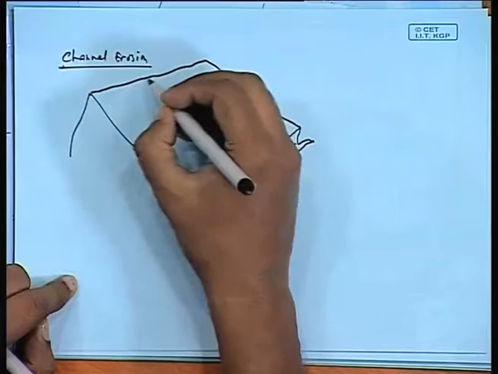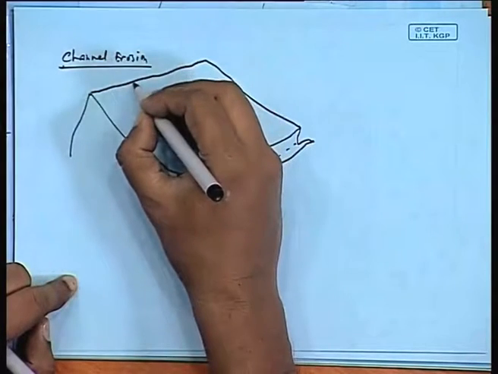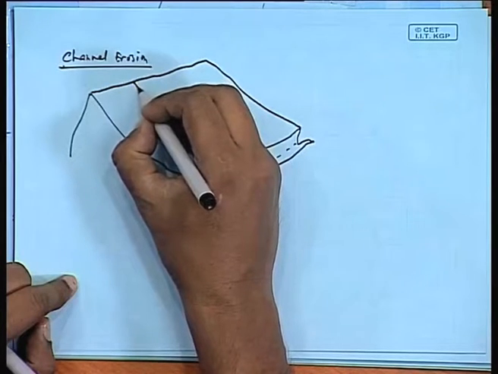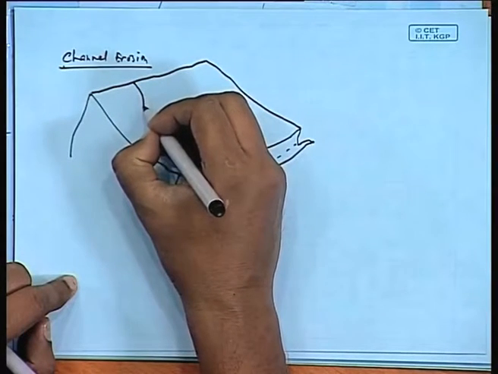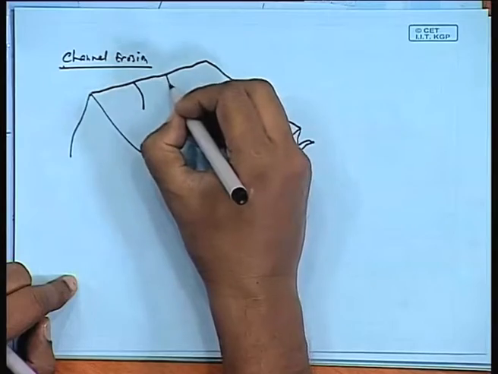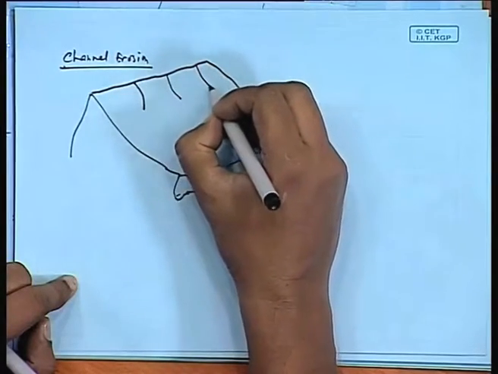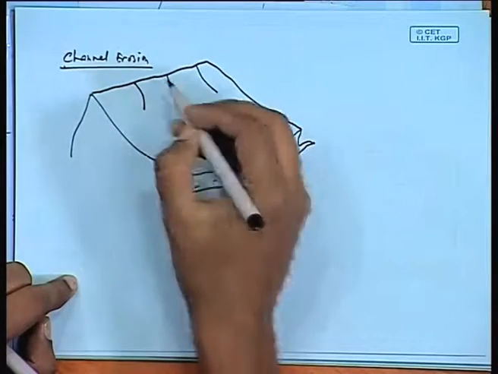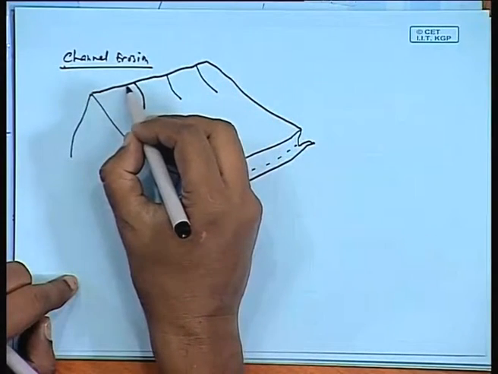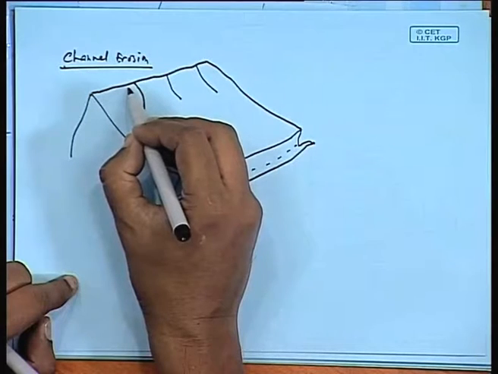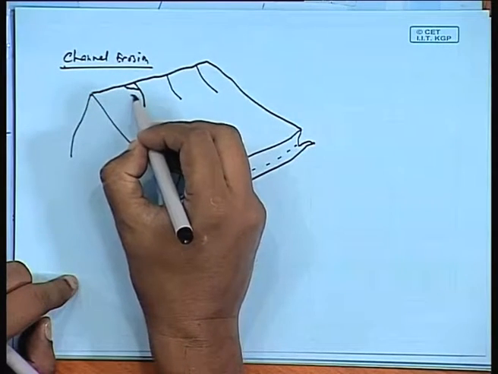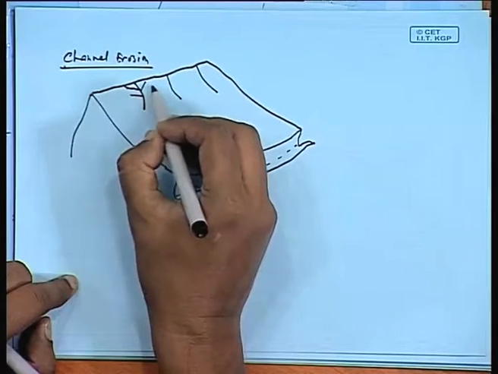This is how it takes place first, depending on the soil characteristics. The channels begin to form depending on the slope and the watershed, like this.